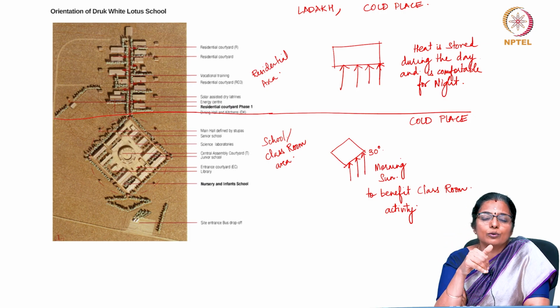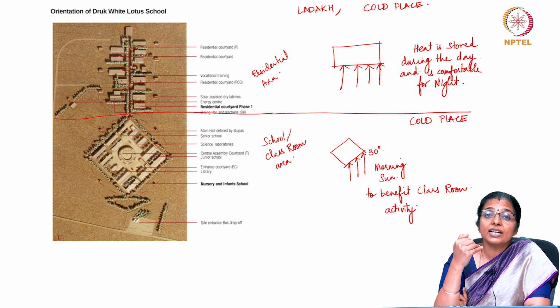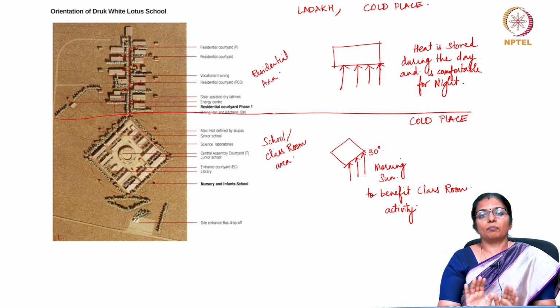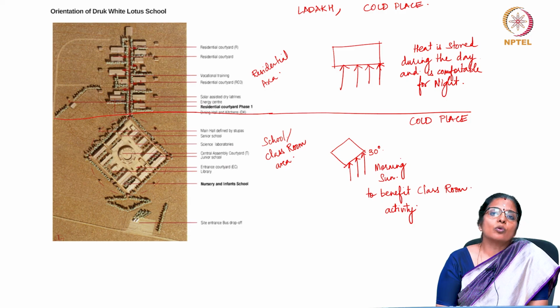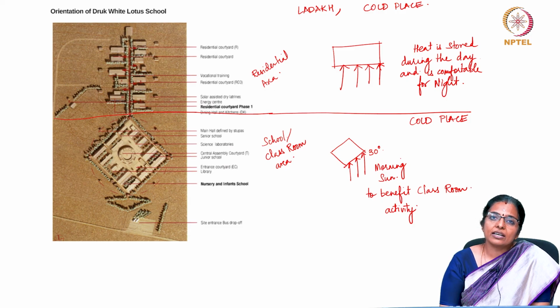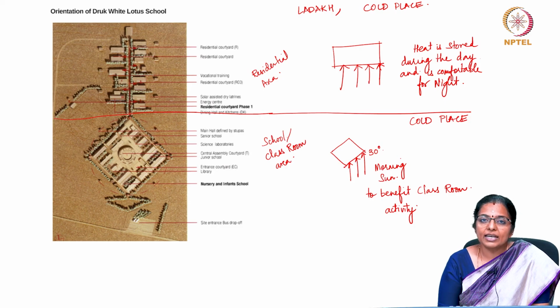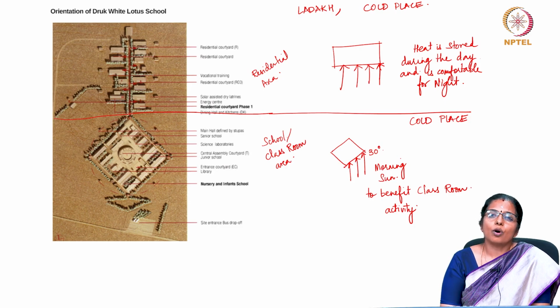If you see the Druk school at Ladakh, they have the classrooms where the morning sun enters and makes the place comfortable, and during evenings in the residential area it is oriented in such a way that direct solar radiation falls on the walls, absorbs the heat and keeps the room warm for the night.